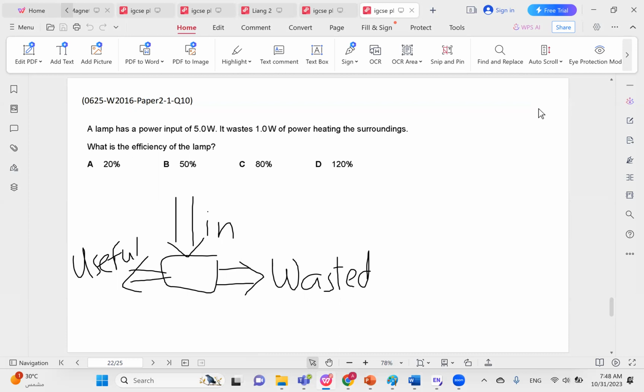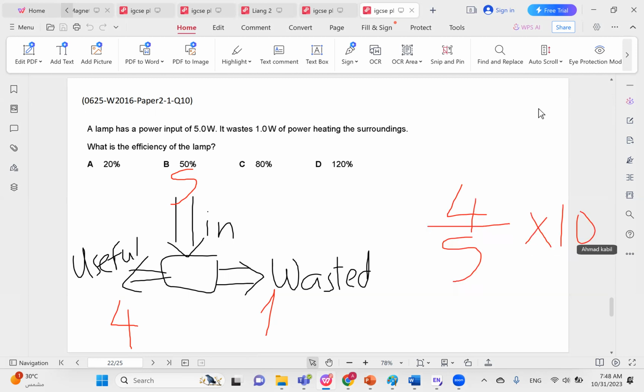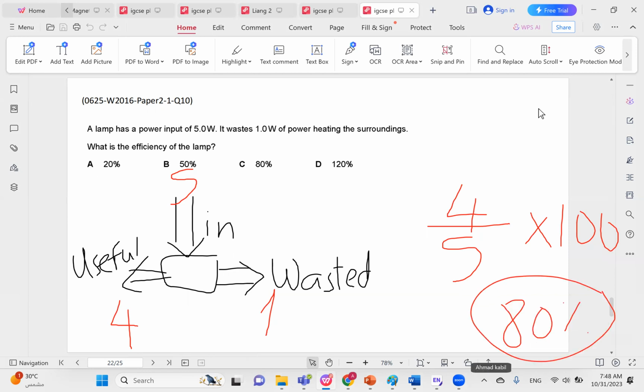So the total input here would be 5, and the waste is 1. So we conclude that the useful energy must be 4. And efficiency is equal to useful output, which is 4, divided by total input, which is 5, times 100. And this gives us 80%. Therefore, the correct choice here would be choice C, 80%.